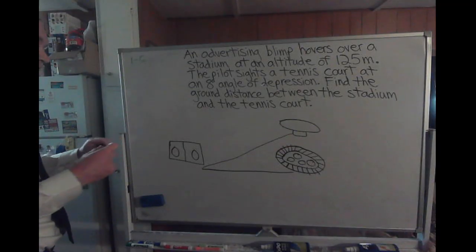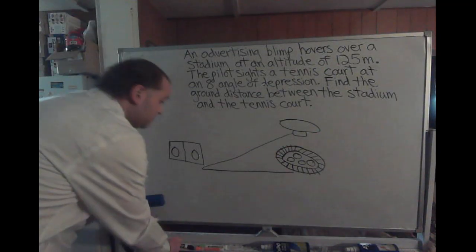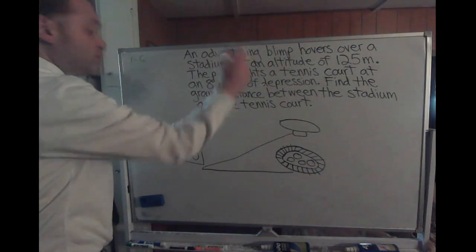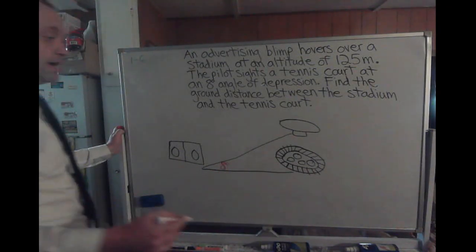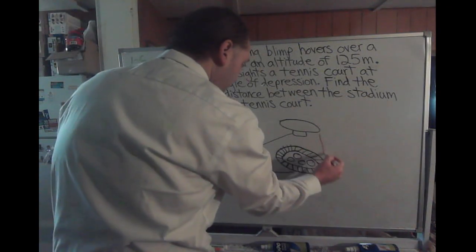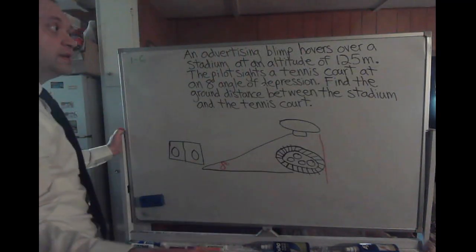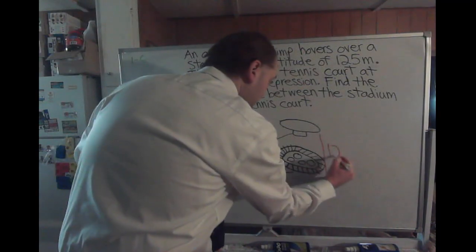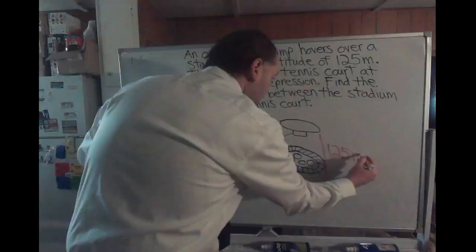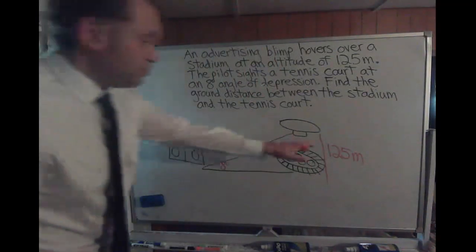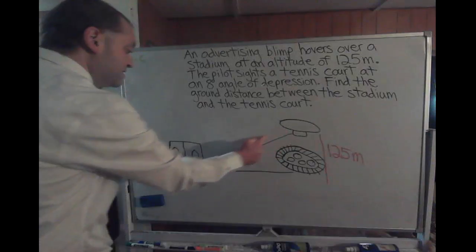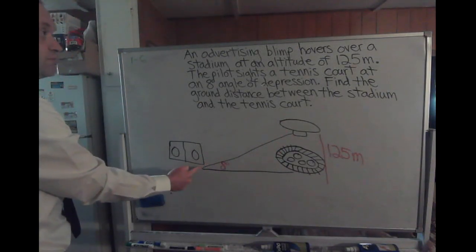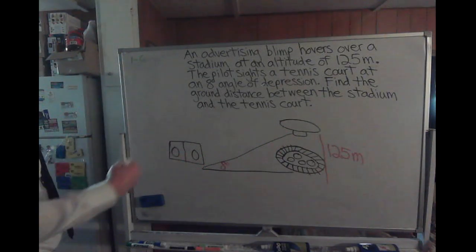So let's establish that we know the angle of depression is 8 degrees. That's going to help us. Now, the height of the blimp over the stadium is 125 meters, right? So it's 125 meters above the stadium. The pilot sights the tennis court at an 8-degree angle of depression where their eyes meet the tennis court.